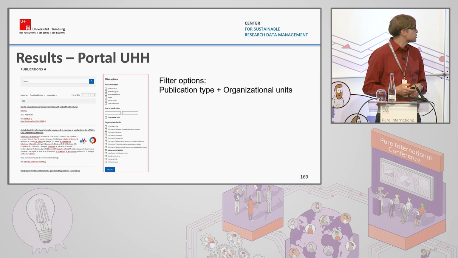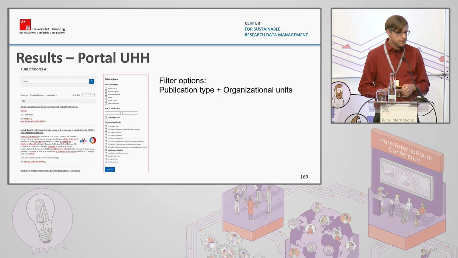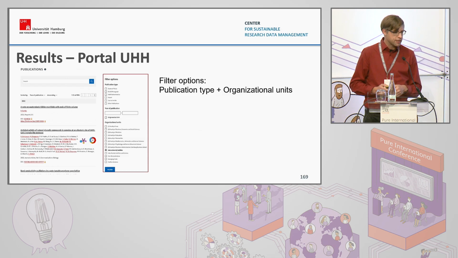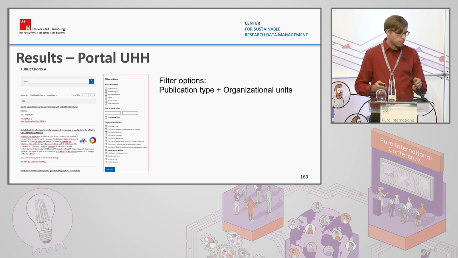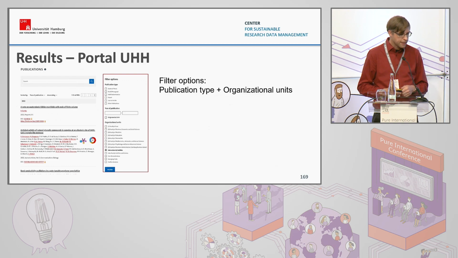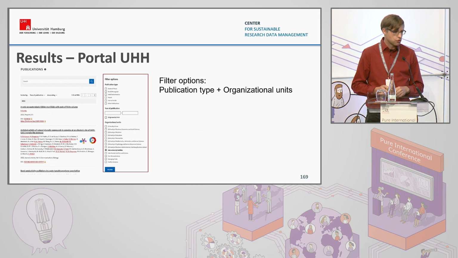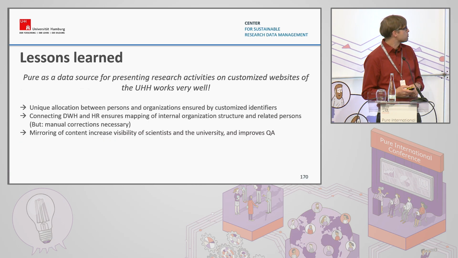I go back to the publication list. We also implemented some filters, like the publication type, the year of the publication, and you can also filter by organization units, and you can also combine these. You can see it here on the right-hand side. And yeah, that's it. It's just a short walk through our research portal.